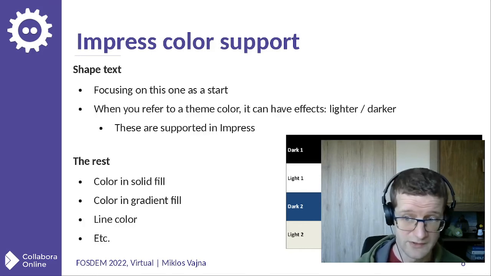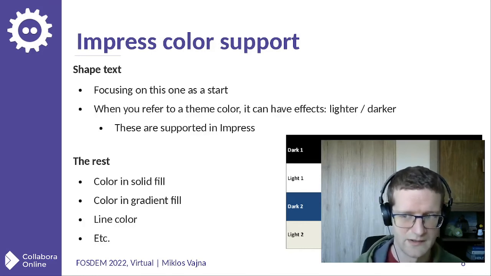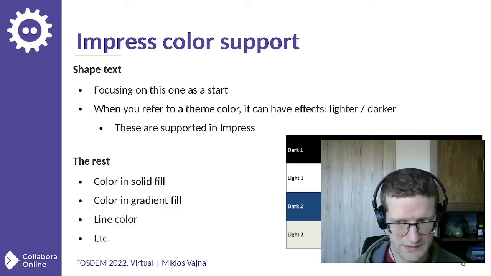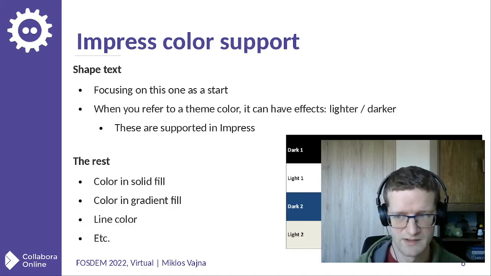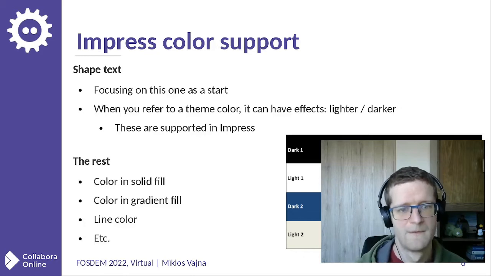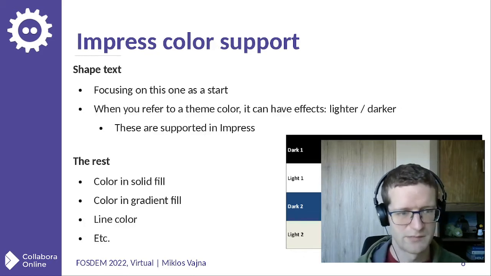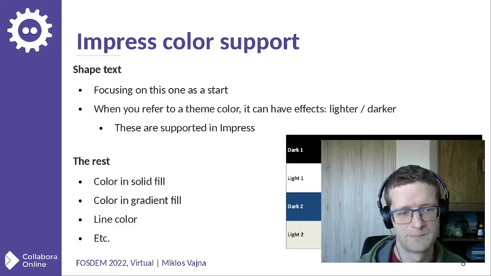And if you later change what the accent 6 color is, then this effect of making it lighter or darker is preserved. So let's say you pick red instead, and if it was light orange before, then it will be light red now. That's some additional complexity. It's a nice feature, but we had to support this, and the support for this is implemented today.